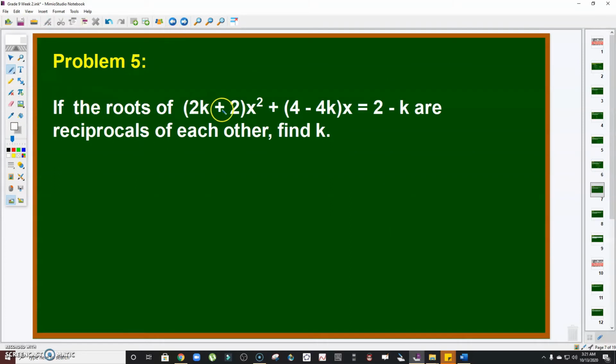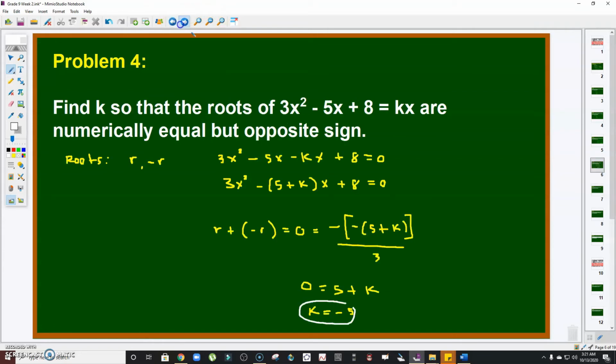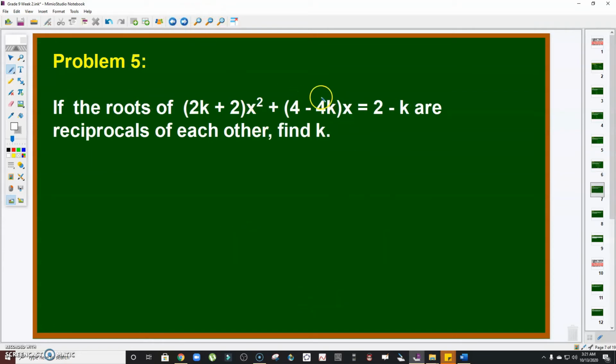If the roots of quantity 2k plus 2 x squared plus quantity 4 minus 4k x equals 2 minus k are reciprocals of each other, find k. So, like what we did in number 4, we need to arrange this na equate natin kay 0.